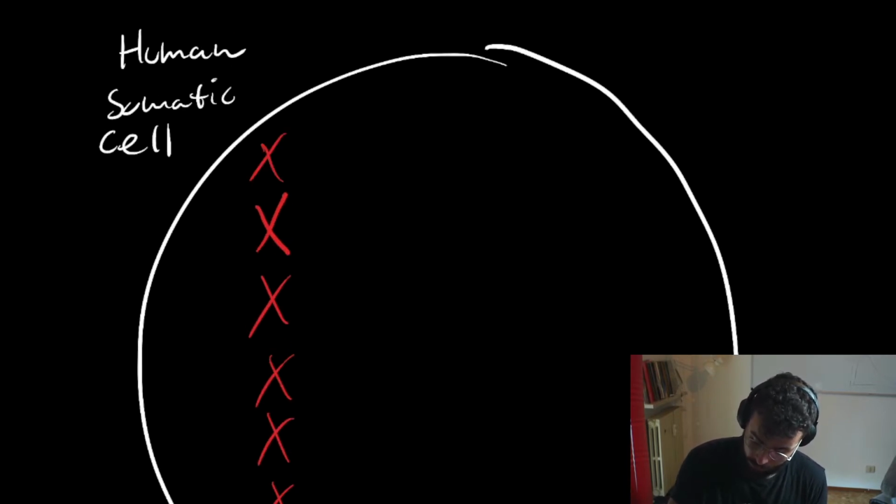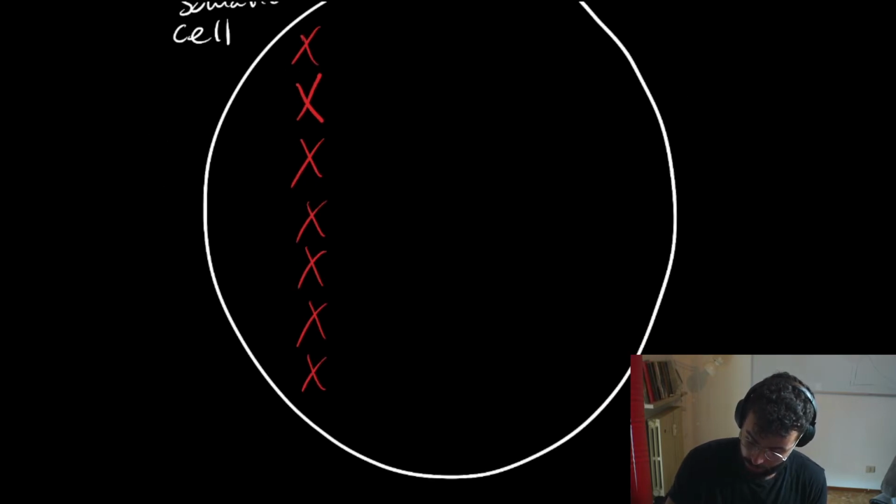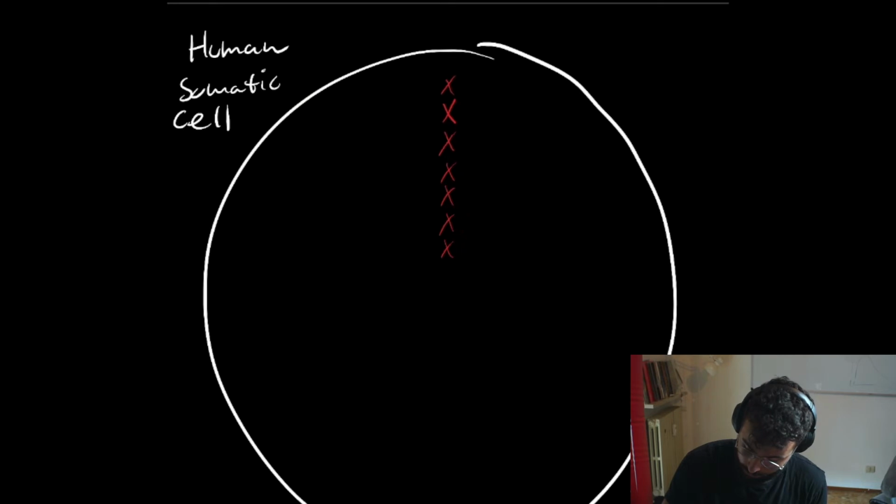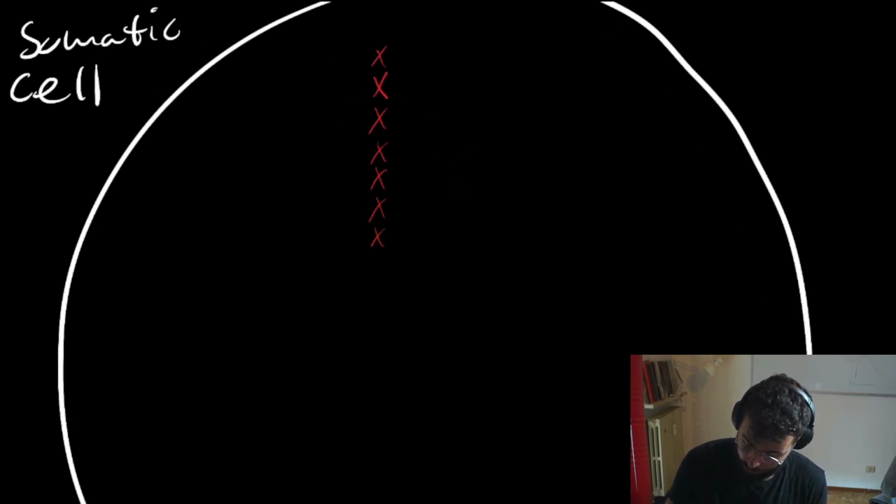So this is, the red was the maternal, so 1, 2, 3, 4, 5, 6, 7. Let's take it and put it here, and we can keep drawing. 8, 9, 10, 11, 12.